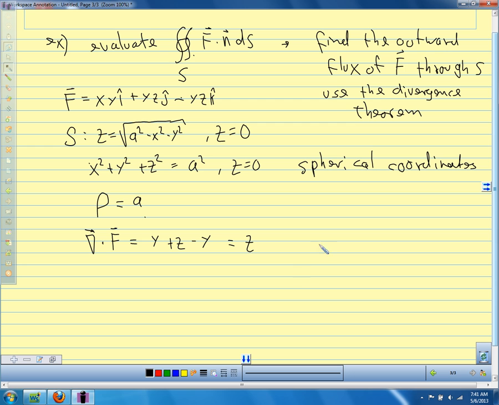And in spherical coordinates, z equals rho cosine phi. So there's our integrand, it's just z.